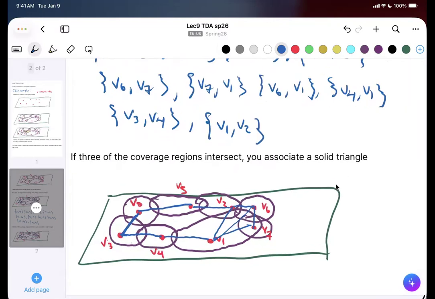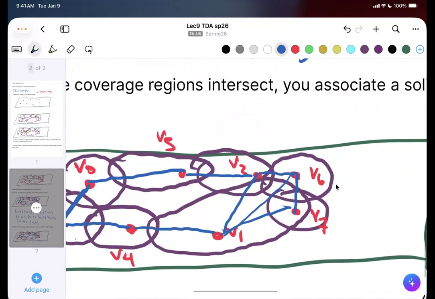Just to zoom in a little bit, there is a triple intersection here for the coverage regions corresponding to the sensors V2, V6, and V1. So that is one of the overlap regions.